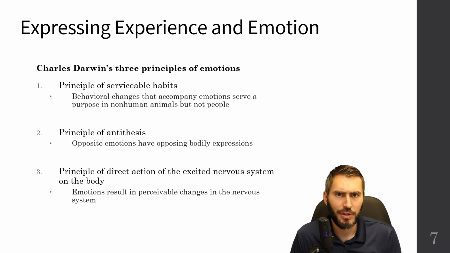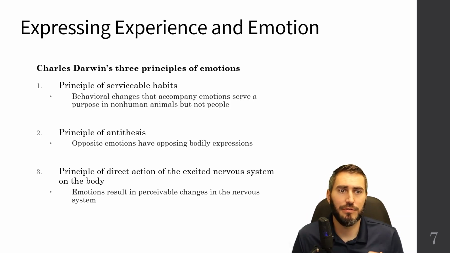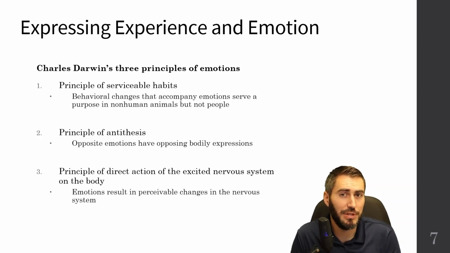Whereas for people, we don't really have this aspect anymore, but any facial response from emotion is really just a lingering effect of this. Not necessarily that there are actual meaningful outcomes to the facial expressions, but that those things are still a part of our emotions out of long-term evolutionarily formed habits.